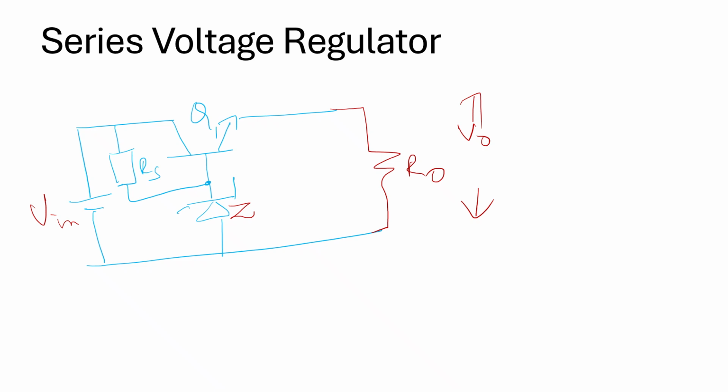How will this operate? With variations in input voltage, when the input voltage is fed in, the Zener diode is connected in a reverse bias manner. So the property of the Zener diode is that during the positive cycle, the voltage increases, the current increases. At a particular point, the voltage will increase above a threshold voltage.